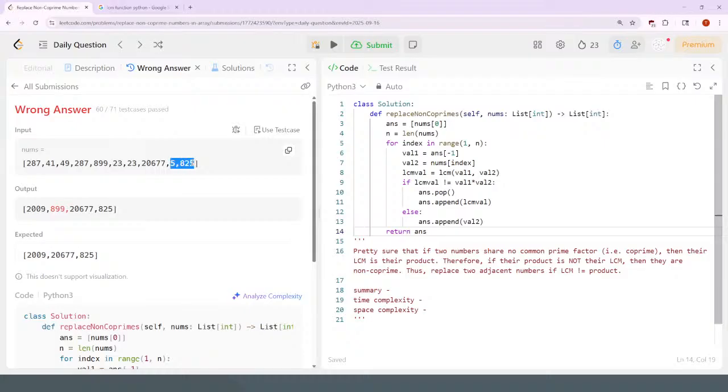So this thing definitely combined 23 and 23.